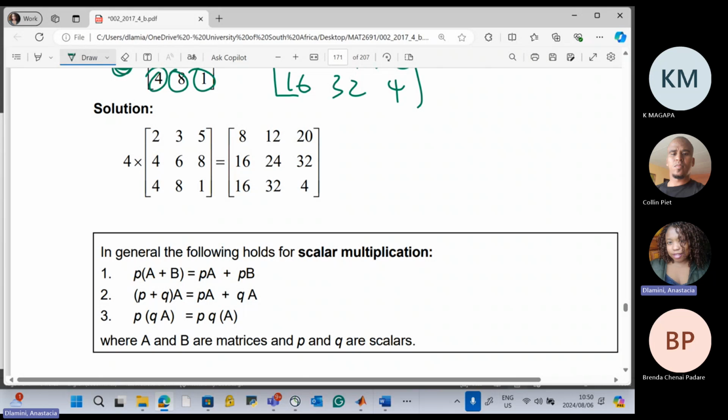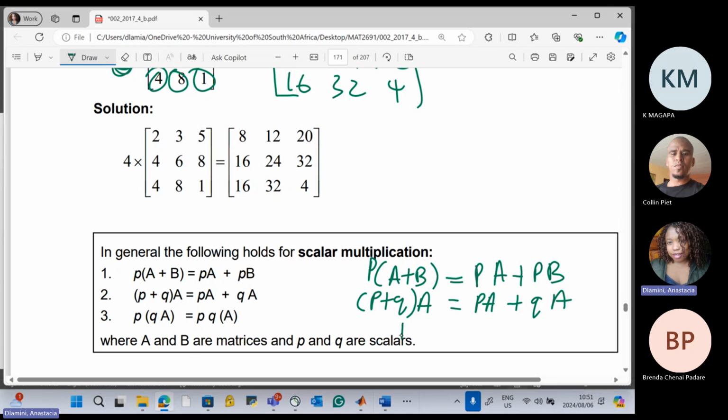If you have a scalar P, and you multiply with the matrix addition of A and B, this is the same as P times A plus P times B. Same applies if you're adding 2 scalars, P and Q times A. This is the same as P A plus Q A. Even this one, where you have a scalar P outside and you have Q, a scalar multiplied by A. This is the same as first multiplying the 2 scalars and then multiplying by the matrix A. I hope we are all together there.